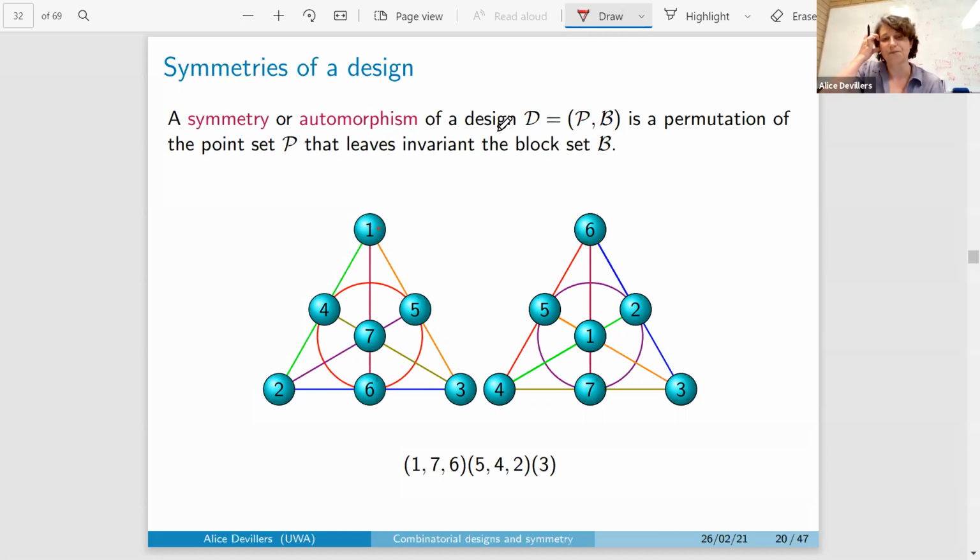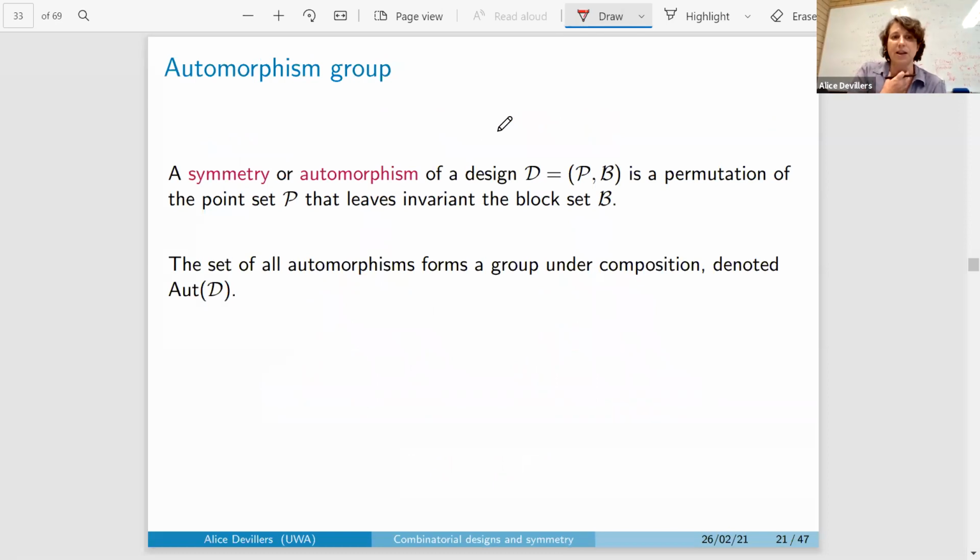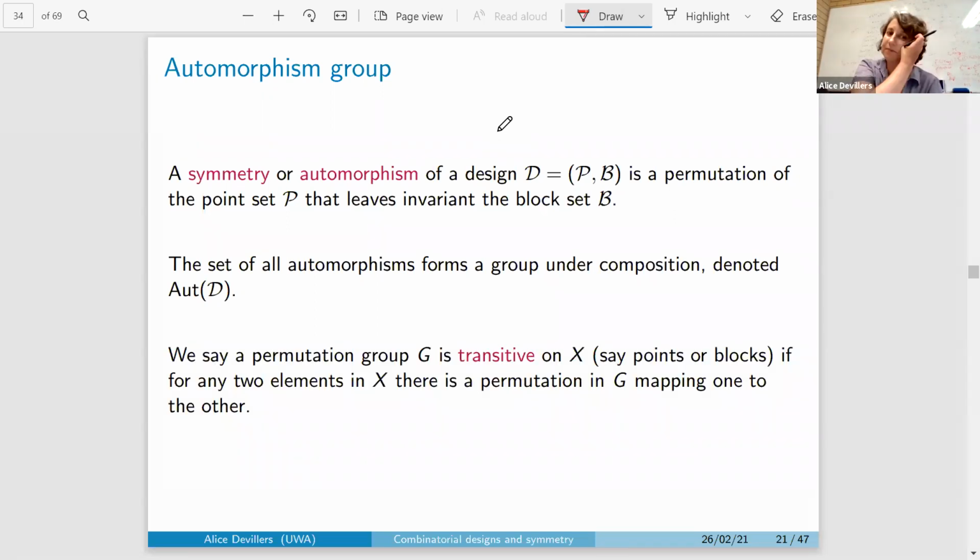So we like to study designs, or any kind of structure, that have a certain amount of symmetry. Of course, as I said before, automorphisms form a group, which we denote by Aut D, the automorphisms of the design D. We usually want the permutation group, or the automorphism group, to be transitive on some type of object.